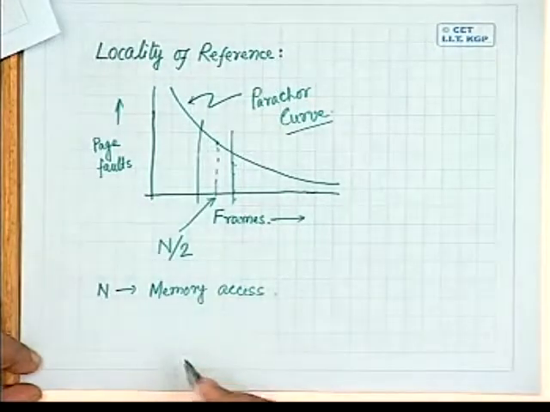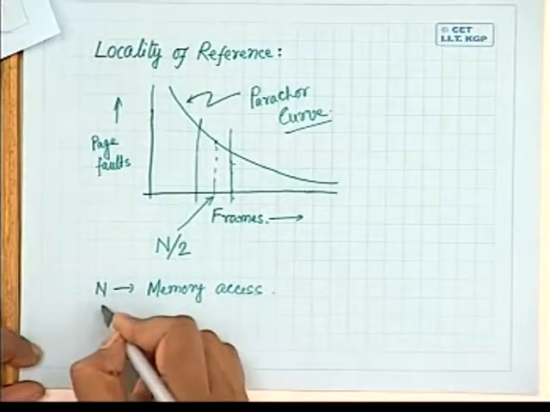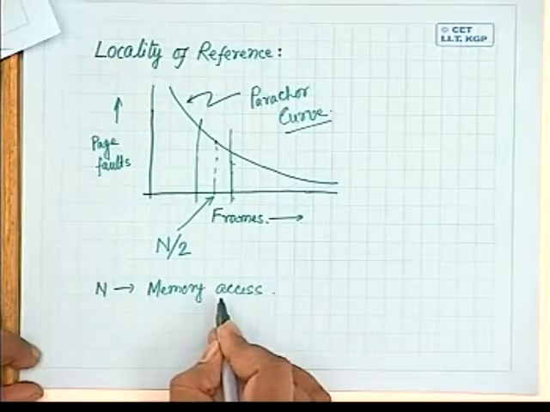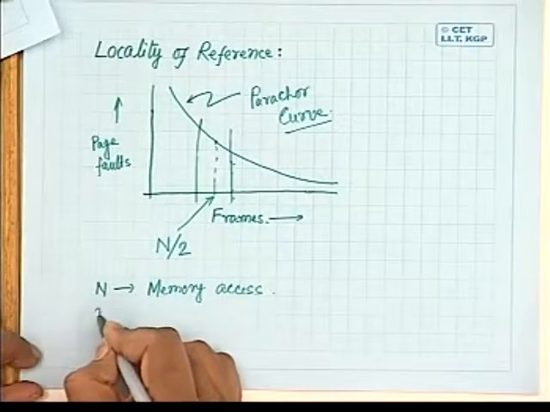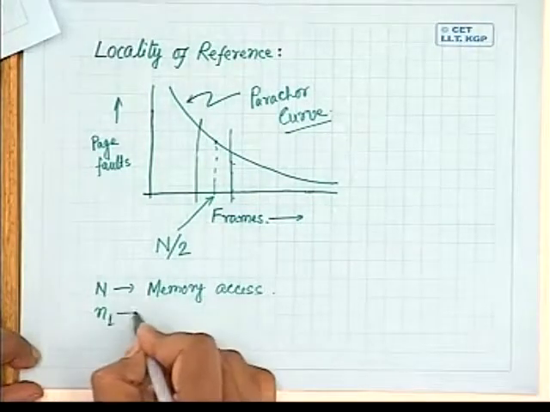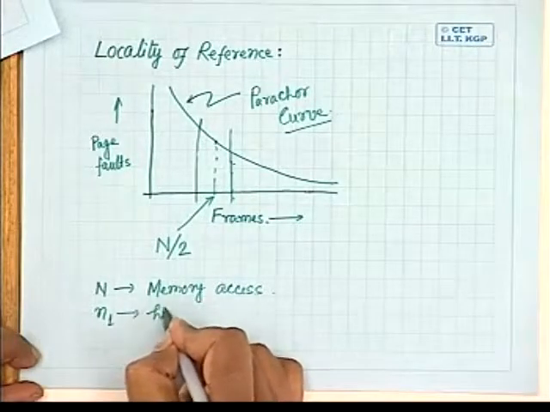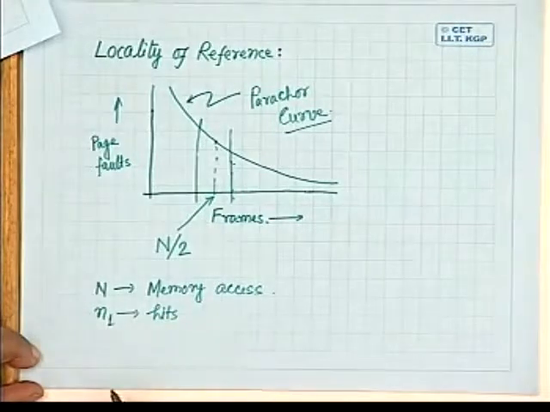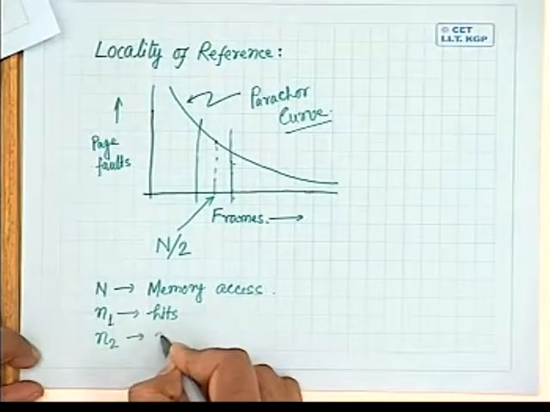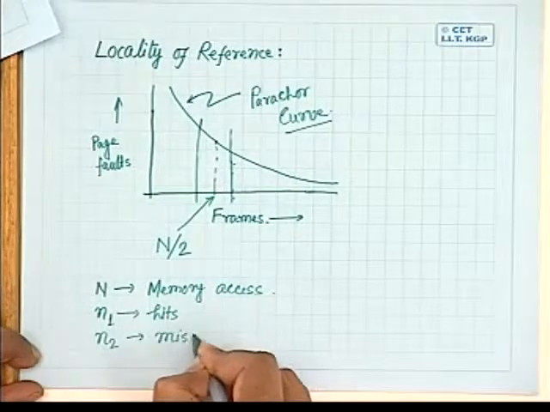okay, and out of this, if I find that the page which has been referred is available in the main memory n1 number of times, so that is a hit. So I have n1 number of hits and n2 number of misses.